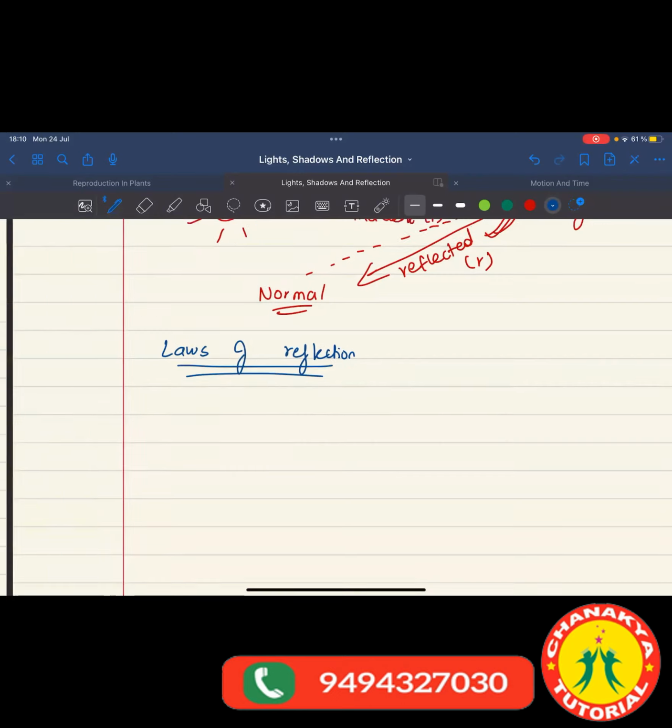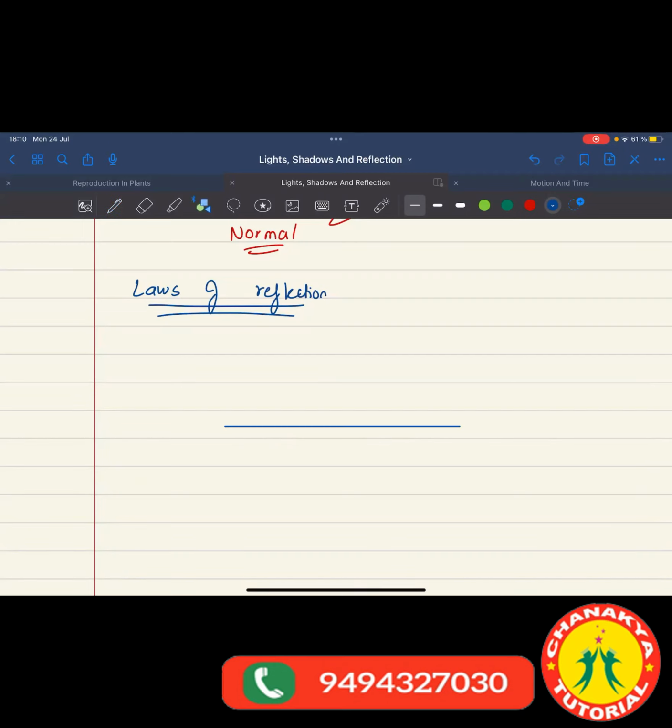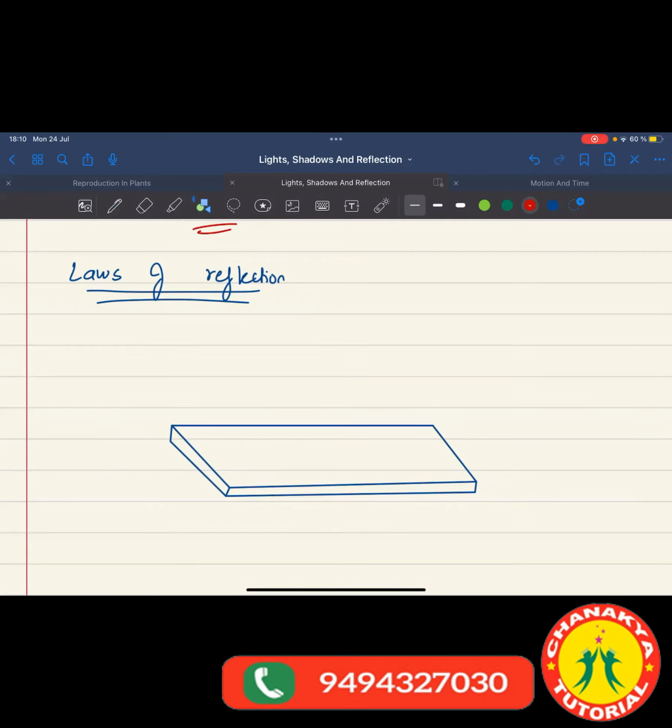Now, just think that there is a plane mirror. There is a light that is striking. What is this light that is falling called? Incident light ray. And the one that is bouncing?